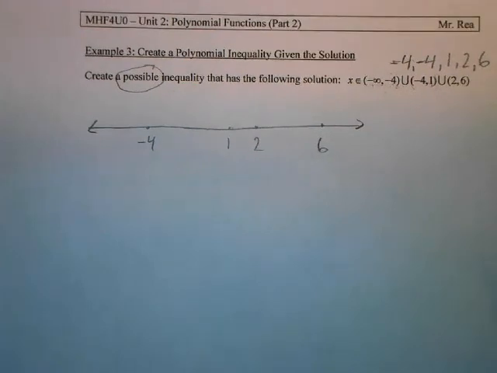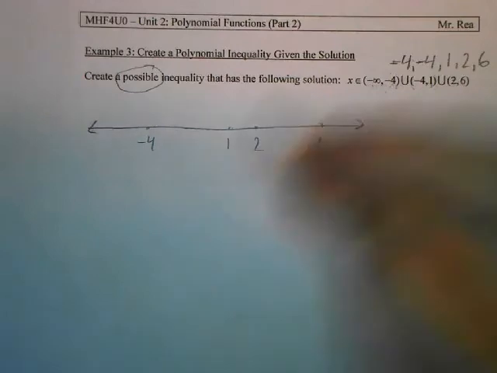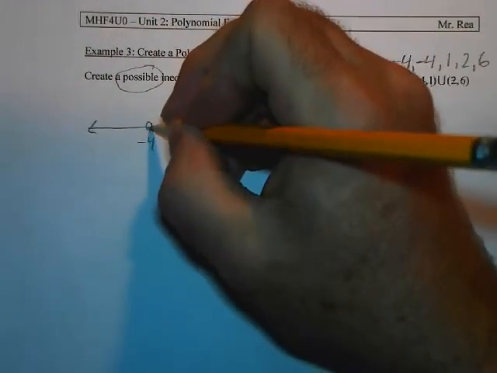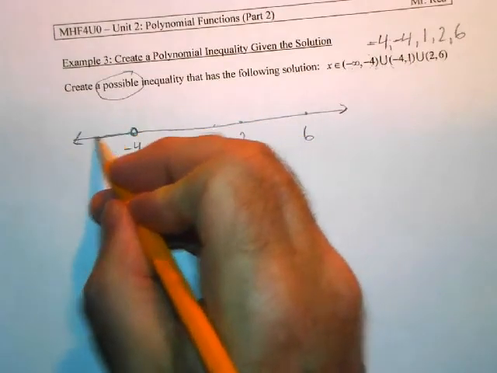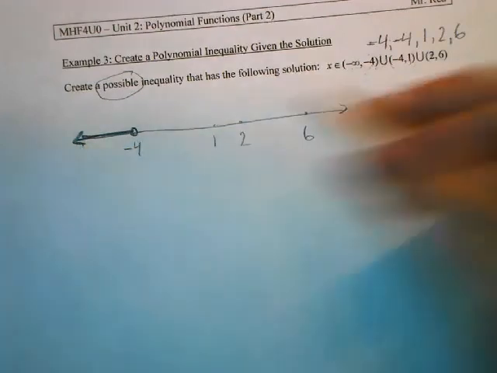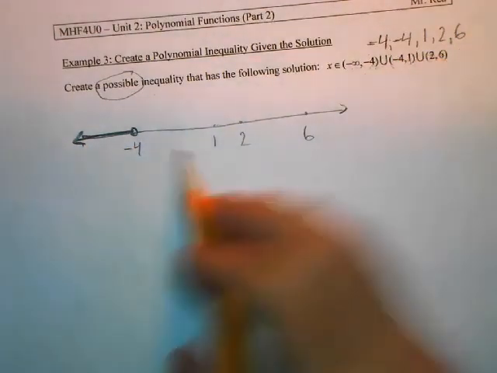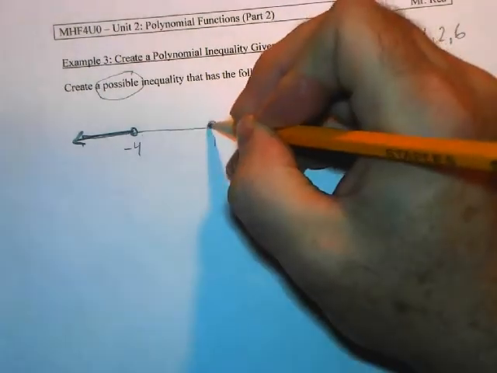So the first interval, if I'm putting my solution here to basically translate this to the number line solution, starts at negative infinity, goes to negative 4, but it doesn't include negative 4. So basically I've got that, and the next interval that's part of the solution is negative 4 to 1, not including either one.